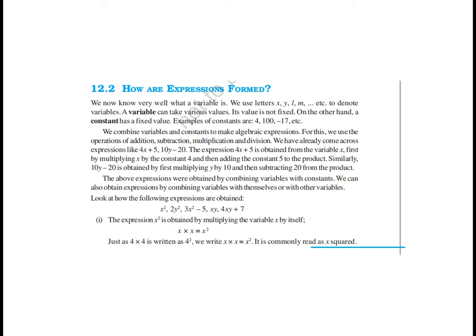So 3 and 5 are constants, x is a variable, and multiplication and subtraction are the two arithmetic operators used here. So, by using arithmetic operators, constants and variables, we can form algebraic expressions. We know what variables are and what constants are. A constant has a fixed value, a variable will have various values.